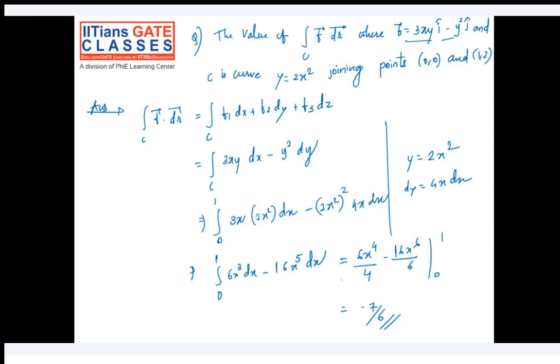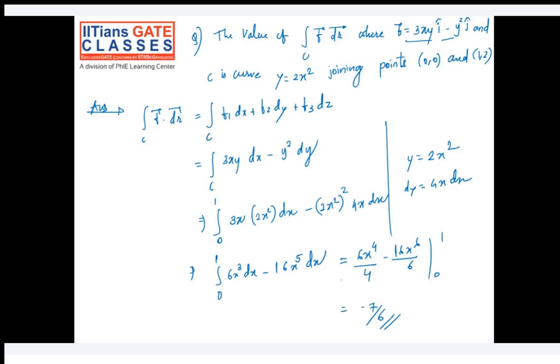Okay, we got a question from Arjun: how did I get these limits? What they are saying is the curve C is y is equal to 2x square joining the points (0, 0) and (1, 2). So what is the equation of the curve? 2x square.